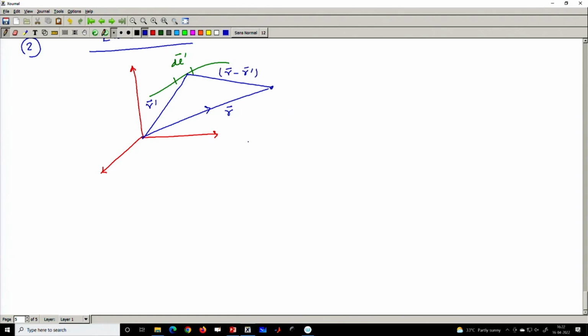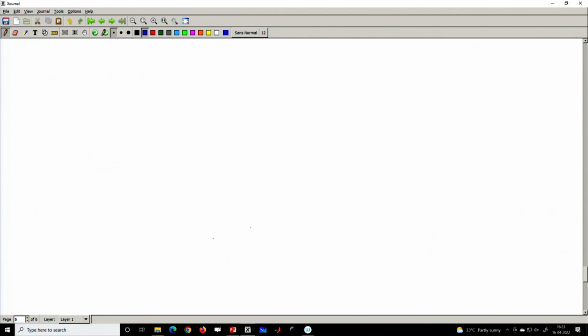So, my phi at the point R will be 1 by 4 pi epsilon 0 integration of line charge density lambda, then dl prime over the magnitude of R minus R prime, that is all, with a line charge integration.